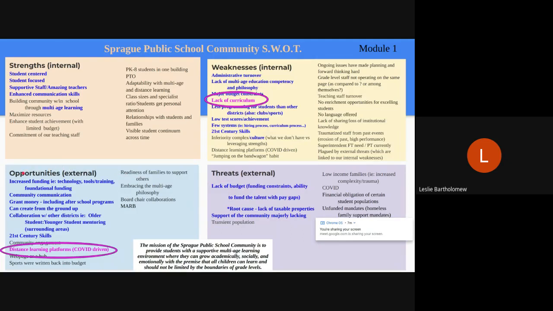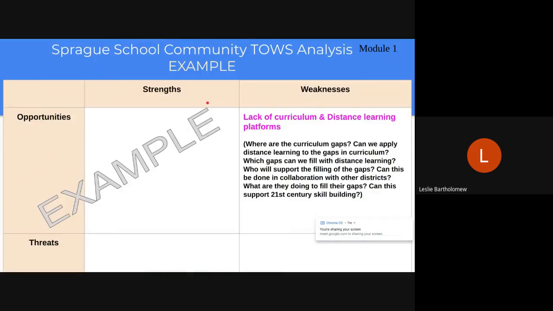The 21st century skills, down here, collaborating with other districts. Maybe those are things that could somehow fit together. And you don't have to develop it into something that is a strategic plan or even a strategic goal. Just getting it out on the page as an idea is going to be important.